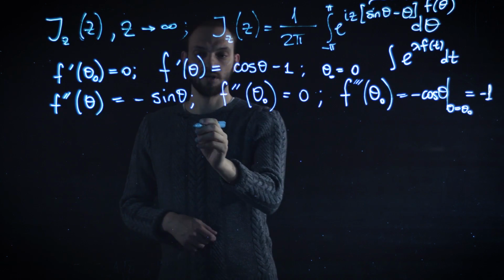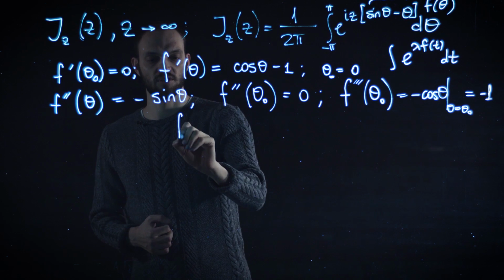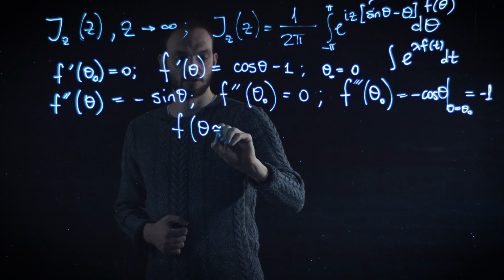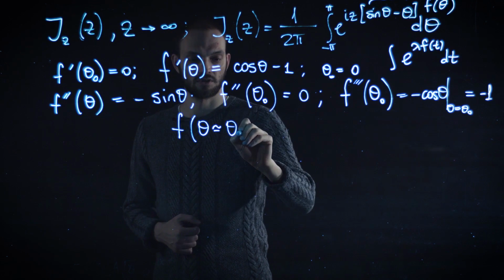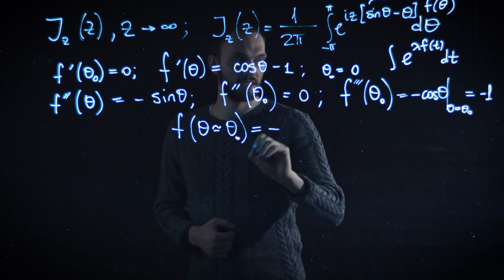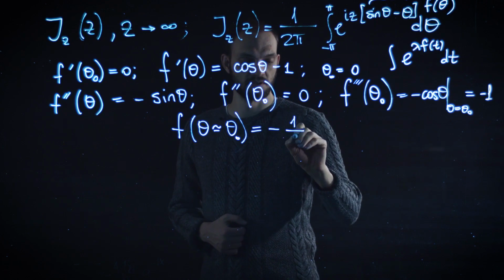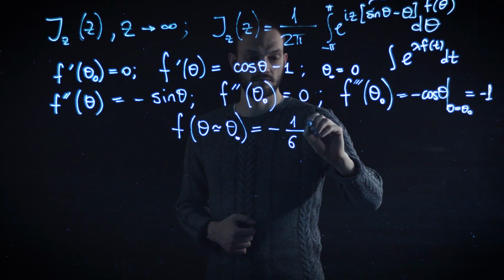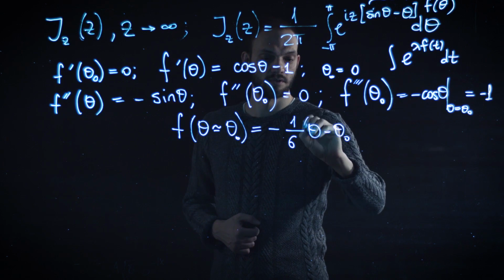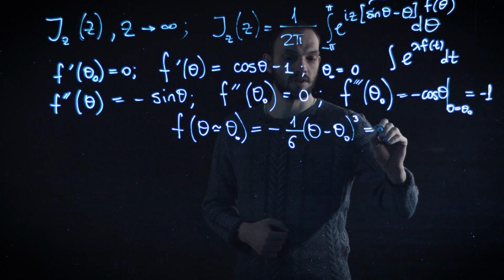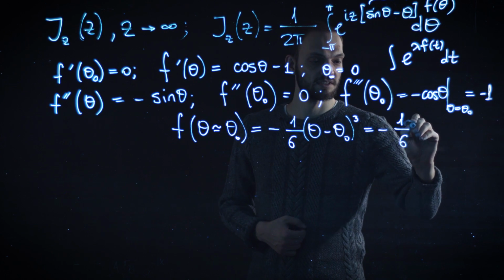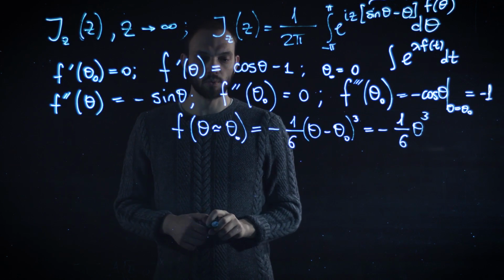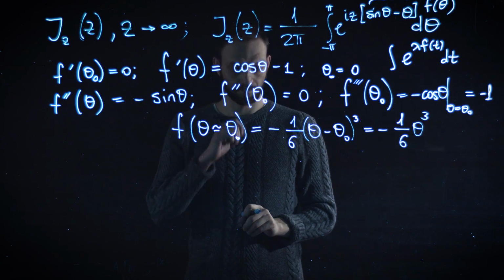So we end up, as an intermediate result, with the following expression: f of theta in the vicinity of theta naught, which is just 0 in this situation, equals minus 1 over 6, this is just the third derivative over 3 factorial, multiplied by theta minus theta naught cubed. Or in this case, this is the same as minus 1 over 6 theta cubed. And this is all that makes this situation peculiar to some extent.